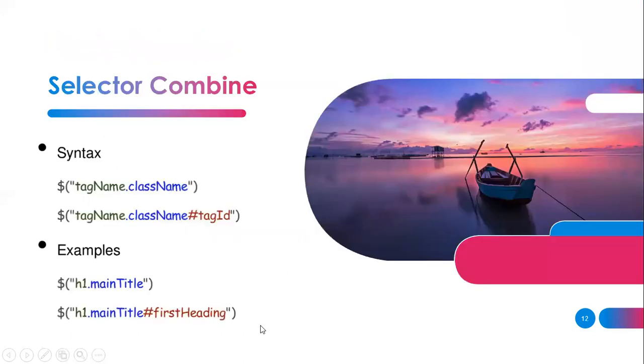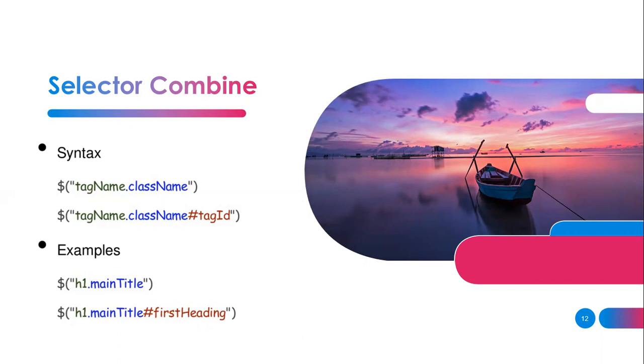And we can also combine selectors. For example, we have a tag that has a class name, so to access that, we can use the tag name and class. So we can combine many selectors. Usually the tag name is in front, followed by the class name, and followed by the ID.